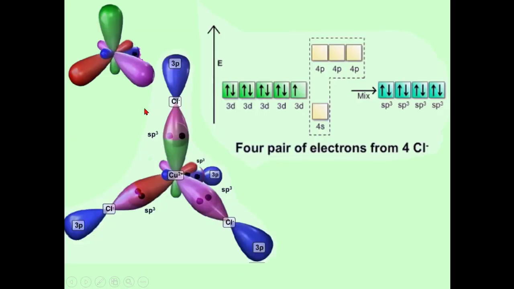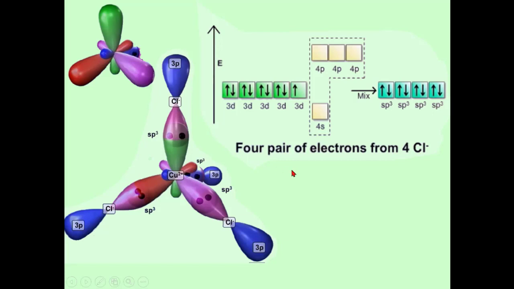This is the shape of the hybridized copper orbitals. These four orbitals overlap with each other, and it makes a tetrahedral structure. This tetrahedral structure is, you may recall, the same as we said in VSEPR theory, the electron domains. So basically these are the orbital domains, and four orbital domains can add with each other.